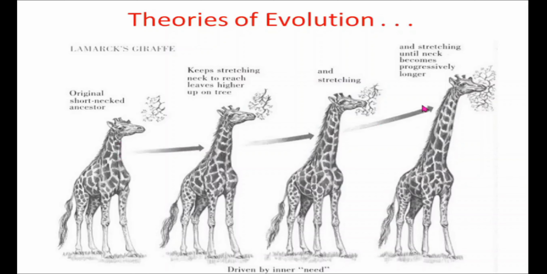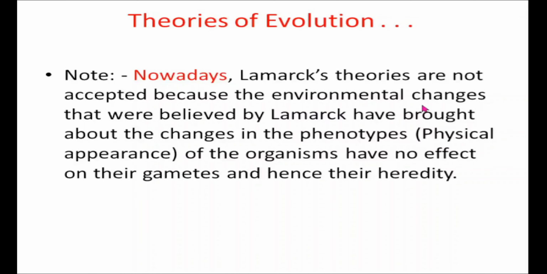Okay? This is Lamarck's theory of evolution. Note that nowadays Lamarck's theory is not accepted, because the environmental changes that Lamarck believed in bring about changes in the phenotypes, that is, the physical appearance of the organisms, which have no effect on their gametes and hence their heredity.